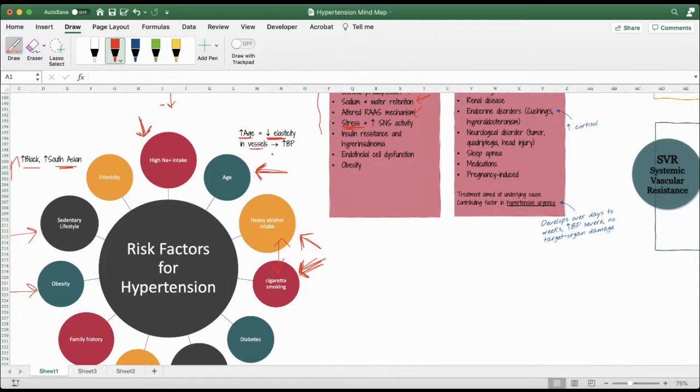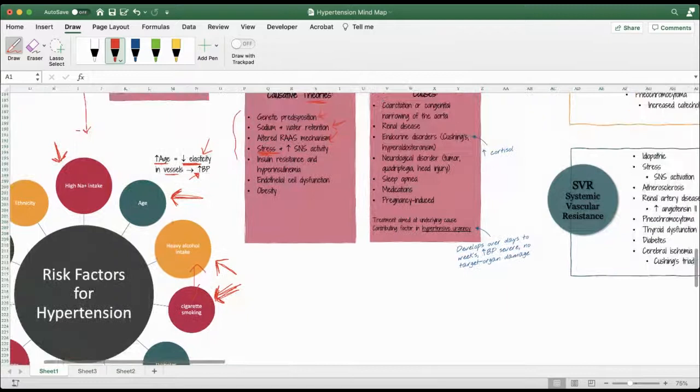And so they're not able to move from dilate to constrict very well. They stay in a more stiff, constricted place because of that loss of elasticity, and that obviously is going to increase your blood pressure, right?